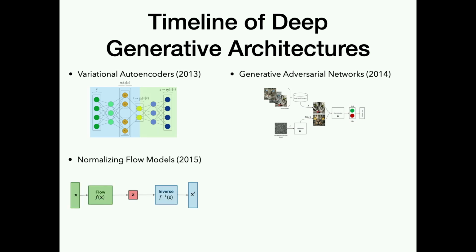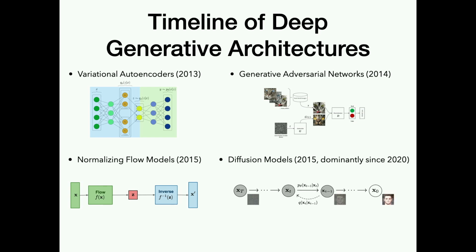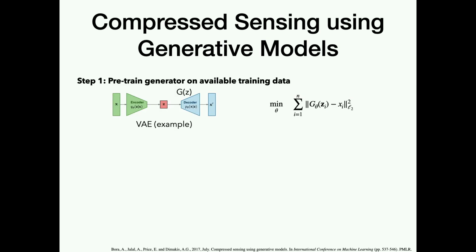More recently, things have shifted toward using normalizing flow models or diffusion models. These are the same kind of techniques that appear in DALL-E 2 and stuff like that. So historically, this is how they've evolved, and they produce very high quality images from Gaussian noise at this point. So they're very fascinating.